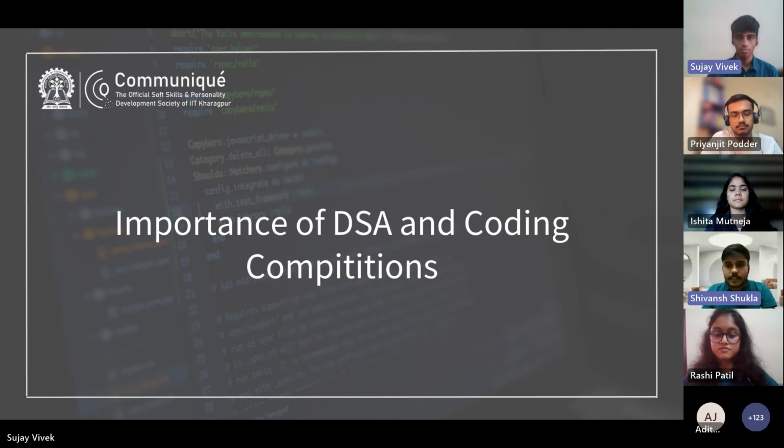So for that, as Rashi said, InterviewBit is a good platform. You can solve at least a few questions from each bucket there. And if you have enough time, then you can consider solving questions from LeetCode, because LeetCode has a large variety of questions. And yeah, I think that covers it mostly.